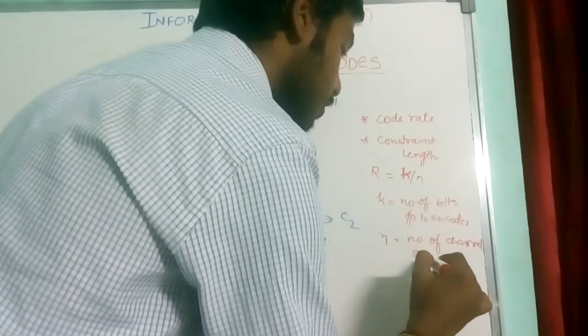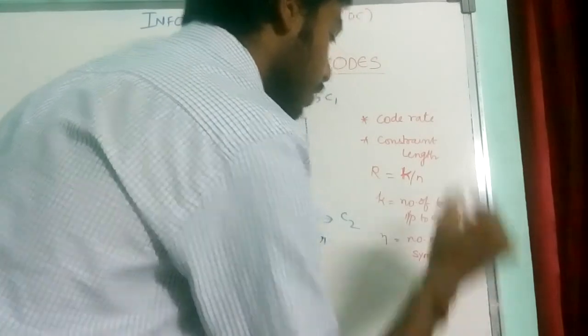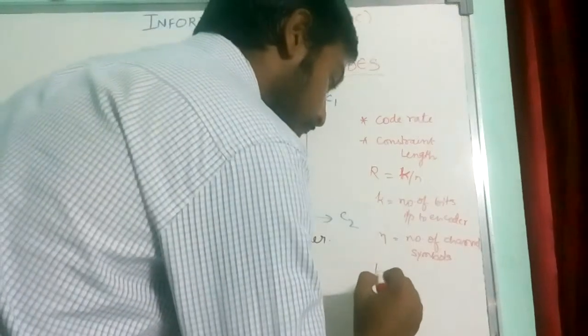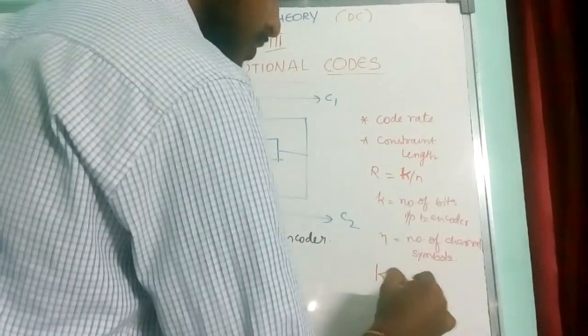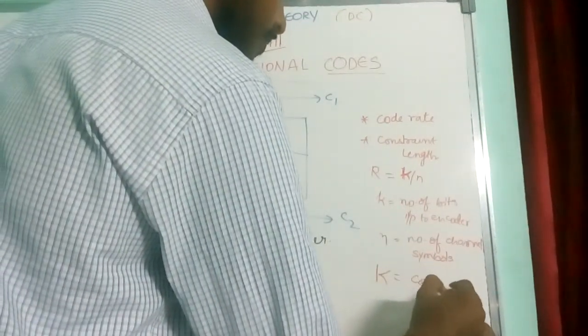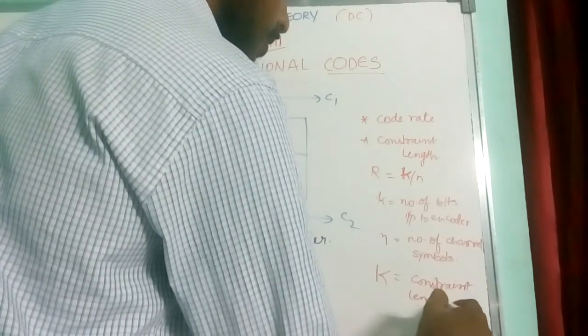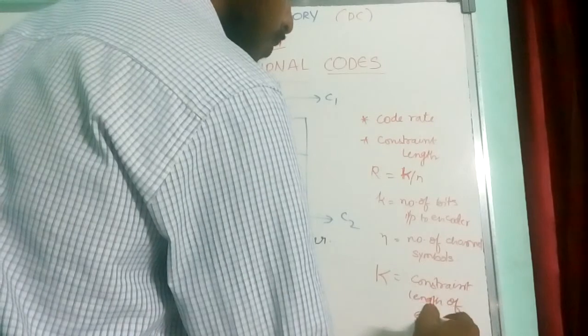And most important is capital K, which denotes the constraint length of the encoder.